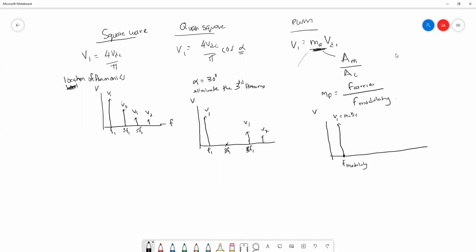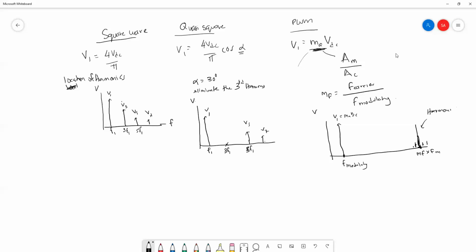The harmonics are available in clusters, and the location of the main harmonic cluster depends on the value of MF. So the harmonic frequency is MF multiplied with FM.